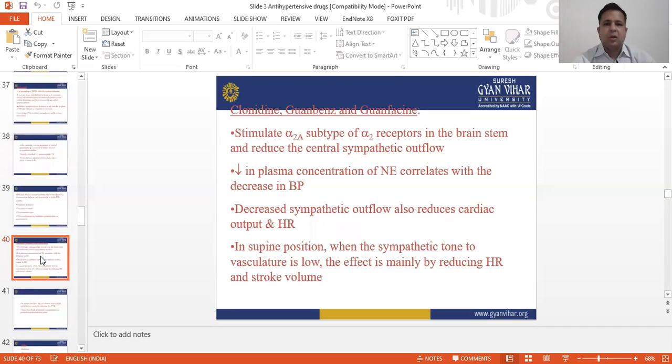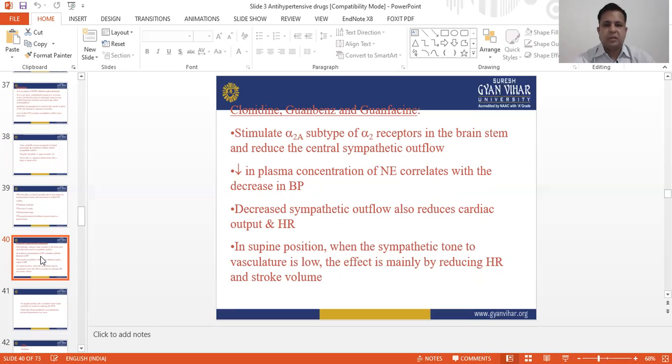Clonidine, guanabenz, and guanfacine stimulate alpha-2A subtypes of alpha-2 receptors in the brain stem and reduce the central sympathetic outflow.